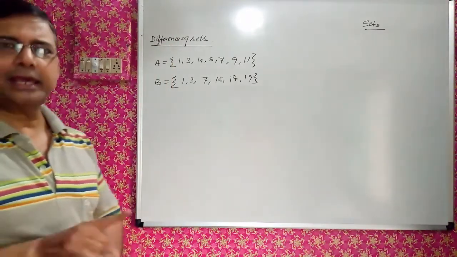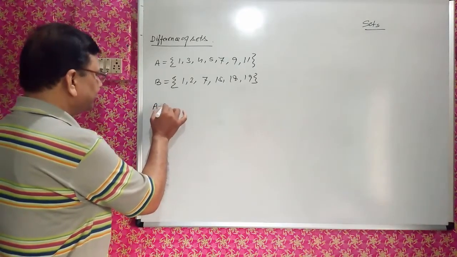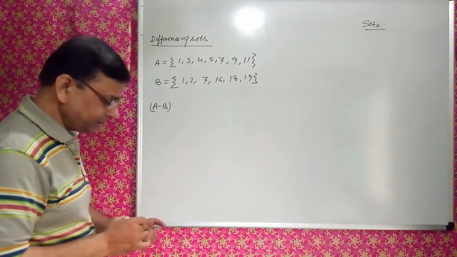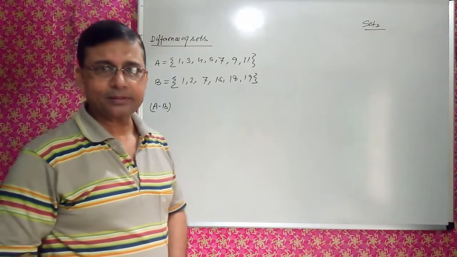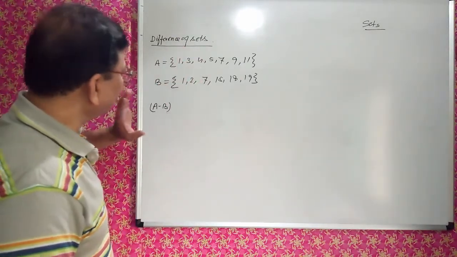Means A minus B or B minus A. So what is A minus B? Also is a set, right? A is this, B is this, and we have to find the difference.